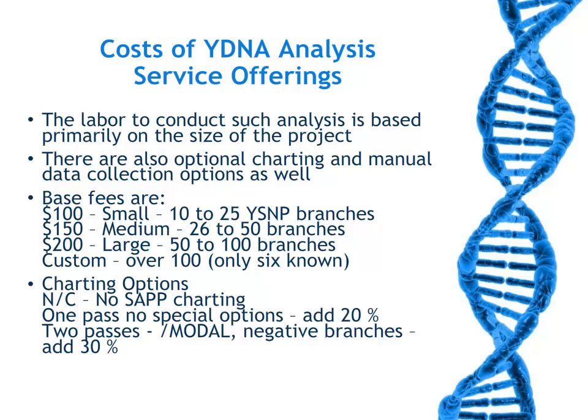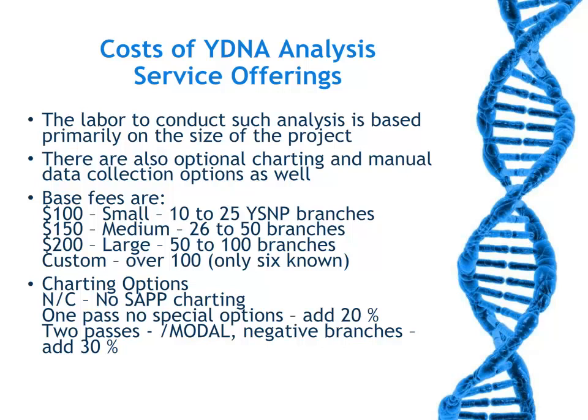So the costs are primarily based on the size of the project, because the bigger it is, the more manual labor is required collecting all the data. And also there are optional charting and manual data collection options as well. So the three base fees are, if it's a small haplogroup with 10 to 25 branches, a $100 fee.